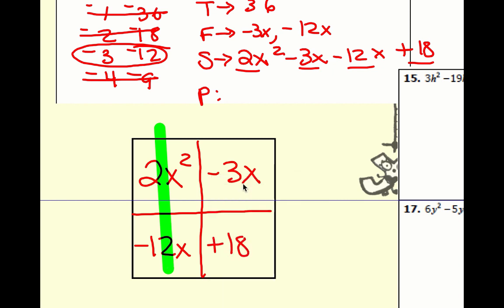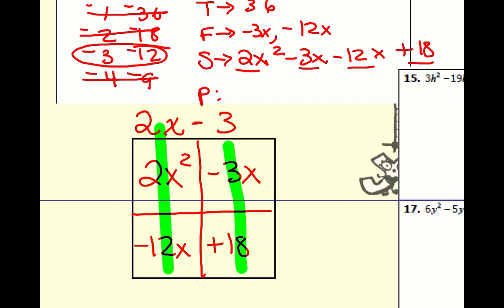I see they're both divisible by 2, and x squared and x have a common factor of x. Next, I'm going to look at this column. Negative 3 and 18 have a common factor of 3. The question is, should it be a negative 3 or a positive 3? How I know is that the first term I'm pulling out of, negative 3x, is negative, and that's why I'm going to put a minus sign here.